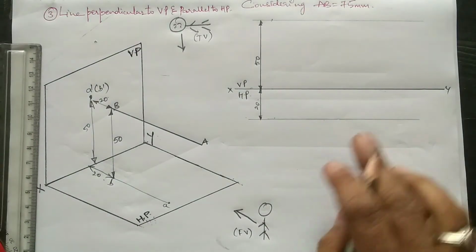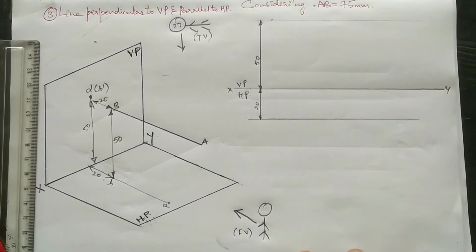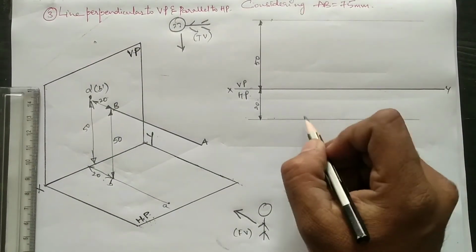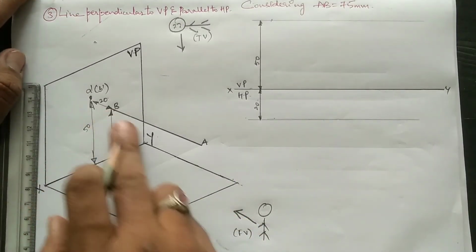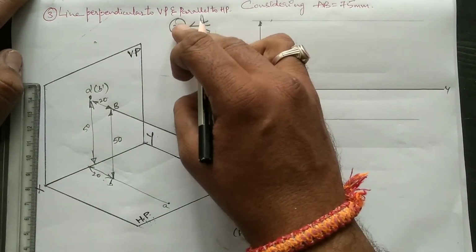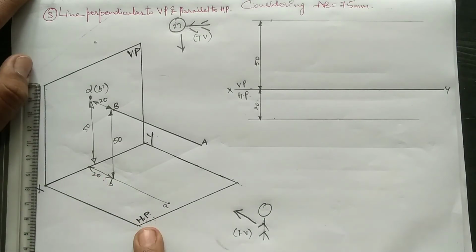First we draw the true length. The true length can only be seen from the top view, so the top view projections are carried out on the horizontal plane.